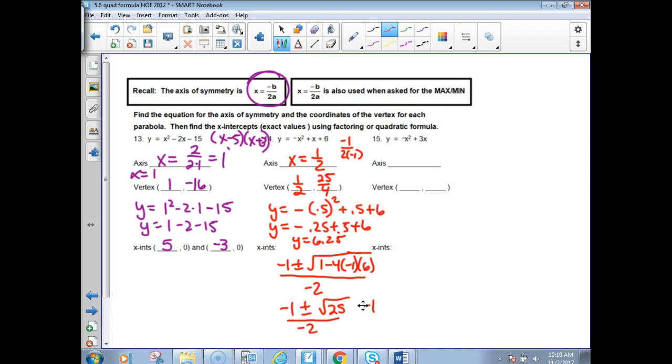Okay, so I've got negative 1 plus or minus 5 over negative 2. Sorry, I made a mess here. The x-intercepts. Negative 1 plus 5 is 4, and 4 divided by negative 2 is negative 2. And negative 1 minus 5 is negative 6, divided by negative 2 is positive 3.